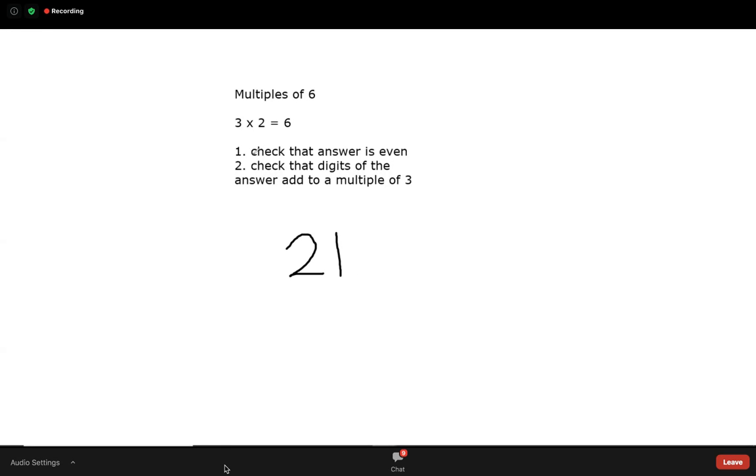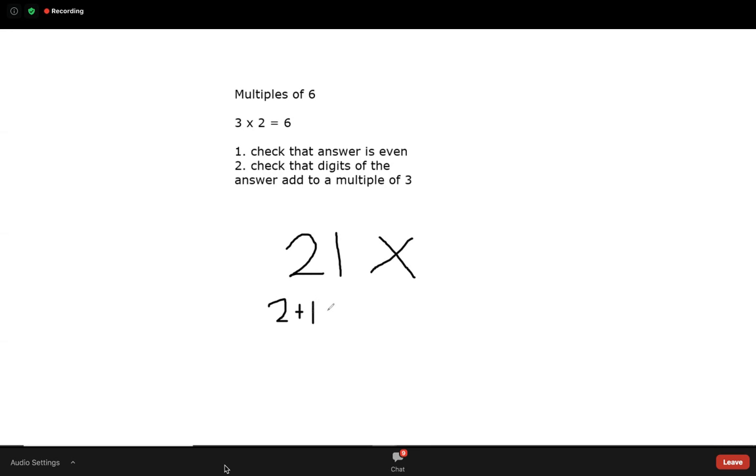So let's see why. Our first check is to see if the answer is even, and 21 will end with a 1. And since 1 is an odd number, then 21 will be an odd number, so it won't pass the first check. We'll go ahead and try the second check though, just in case.